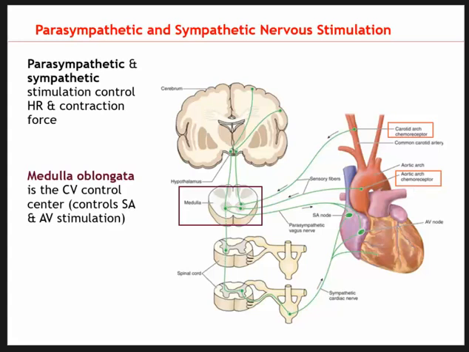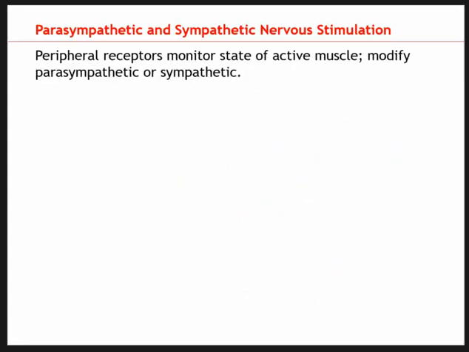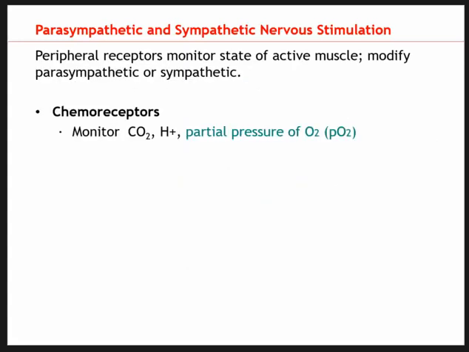These are specialized sensory receptor cells which transduce, or convert, a chemical substance into a biological signal. The signal is an afferent sensory signal sent back to the brainstem, or the medulla, to respond to changes detected by these receptors. On the next slide we'll look at the role of each one.